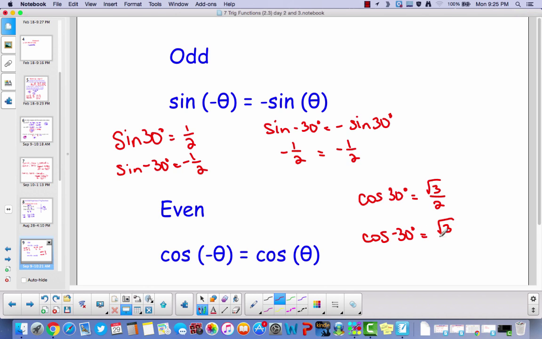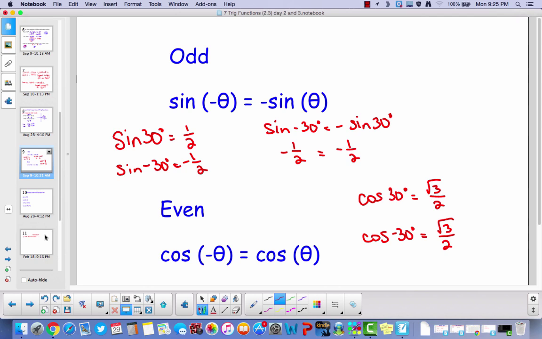That is also the square root of 3 over 2. Look at your unit circle. Is that true for every value of theta that's on our unit circle? Is the sine of negative theta always equal to the opposite of the sine of theta? Is the cosine of theta always equal to the cosine of the negative theta? Yes, it is.